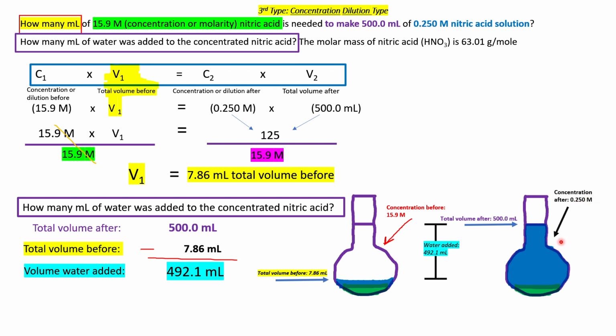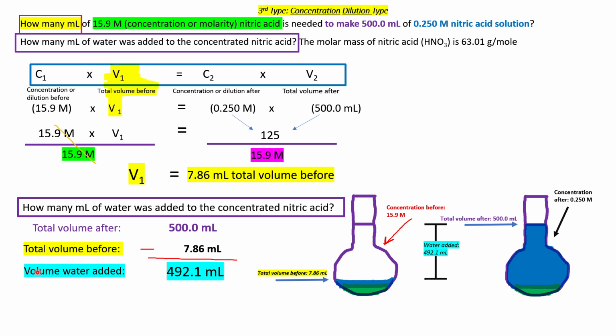The solution would be 0.250 molar. In order for us to find this number, which is 492.1 milliliters, we take the total volume after, which they gave us, 500 milliliters, and subtract the total volume before, 7.86 milliliters.